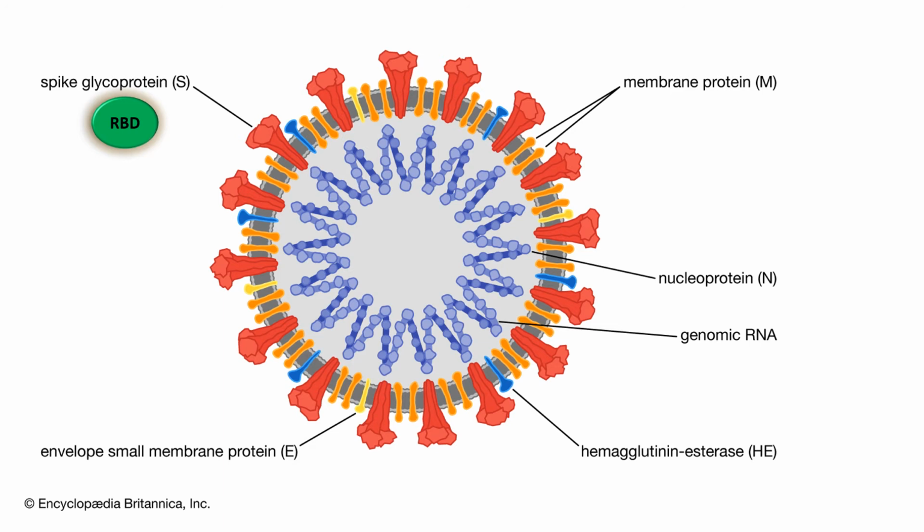But also, this is the protein that allows the virus to enter the host cell and infect. So antibodies to this piece are what we call neutralizing, and they are protective. Having these antibodies helps a lot to the patient.